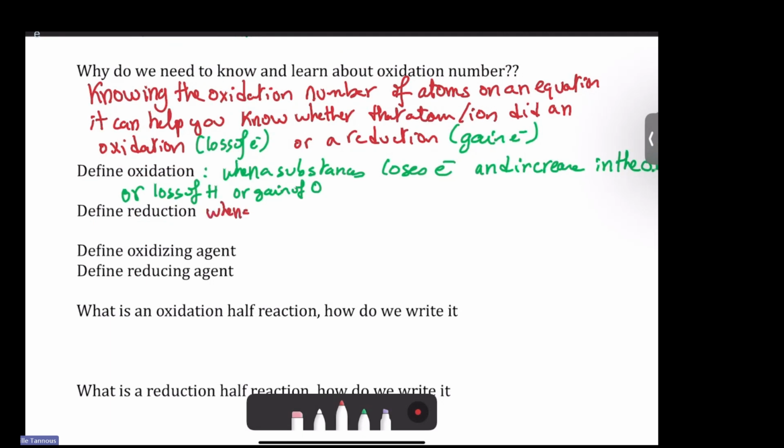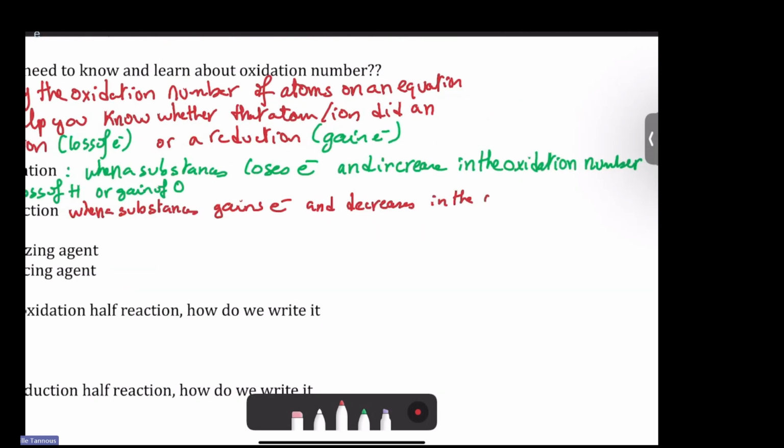So define reduction. It's when a substance gains electrons and decreases in the oxidation number.